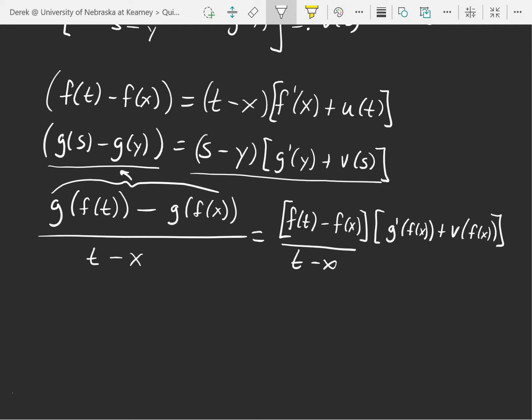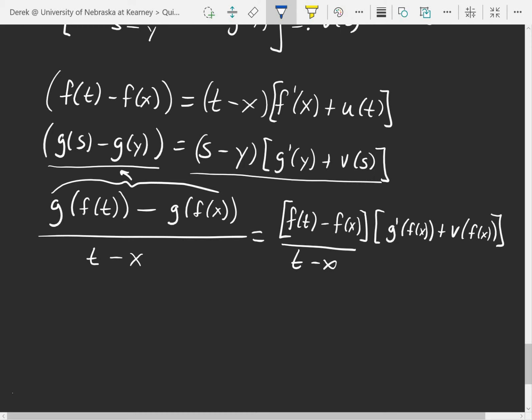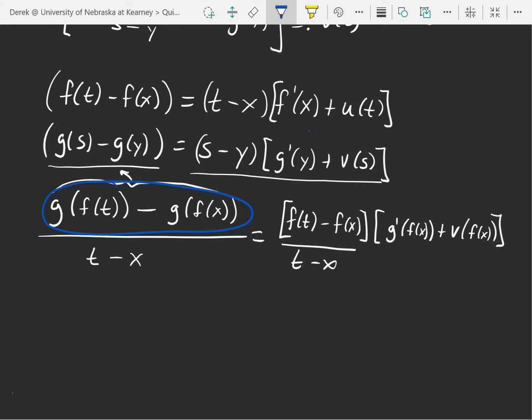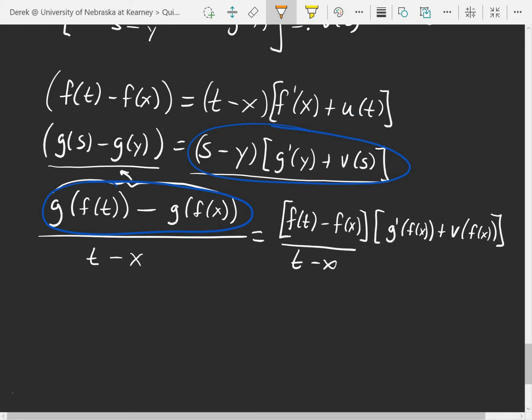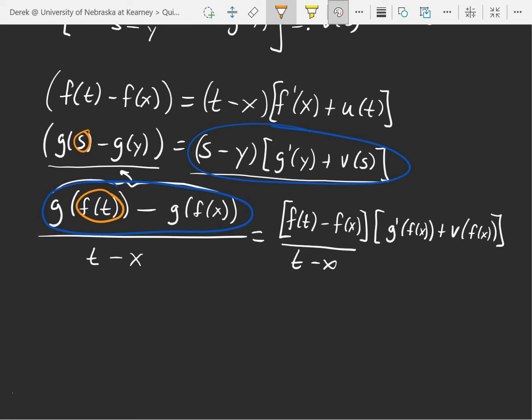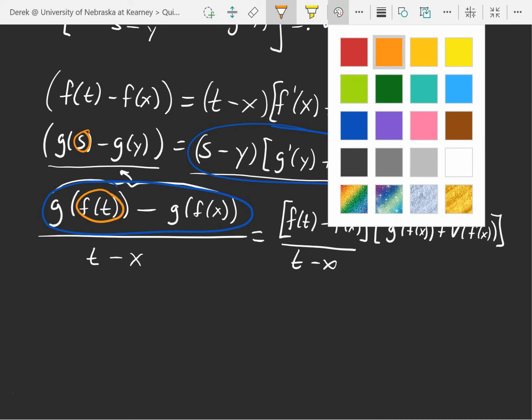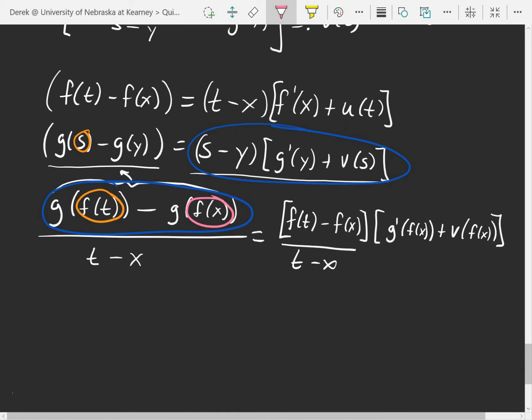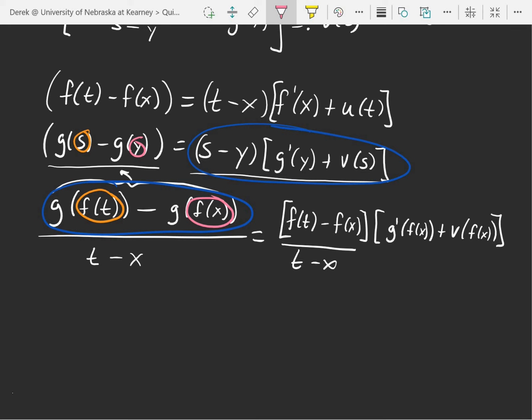So that's just taking this left hand side here, so I'm replacing this thing in blue with this thing here, knowing that f of t equals s and f of x equals y.